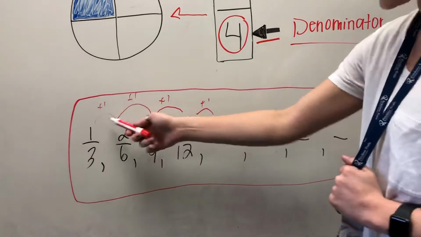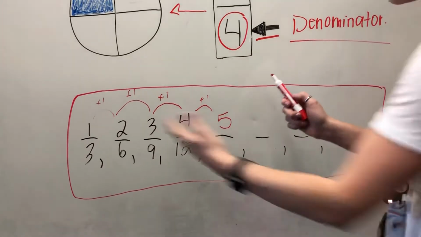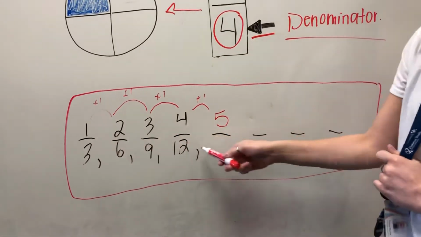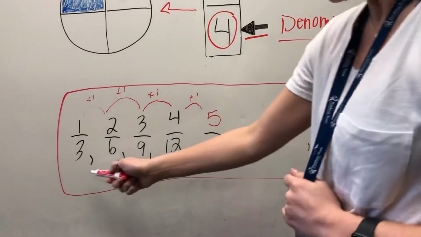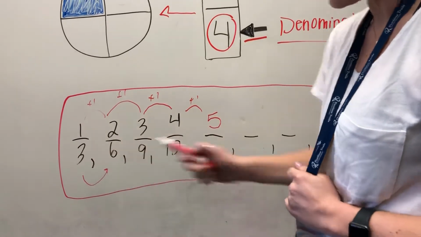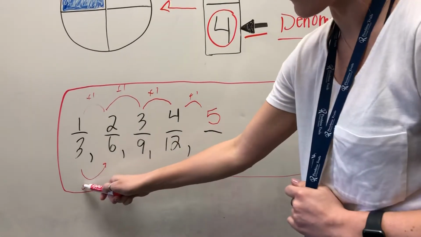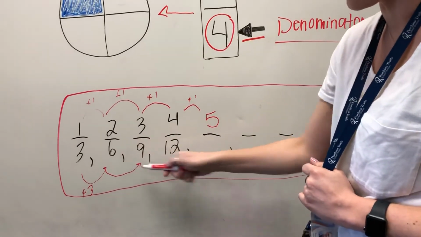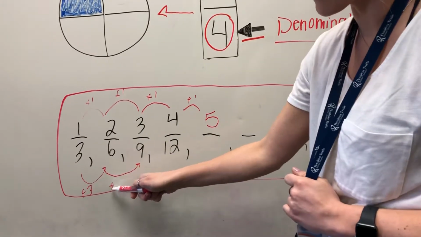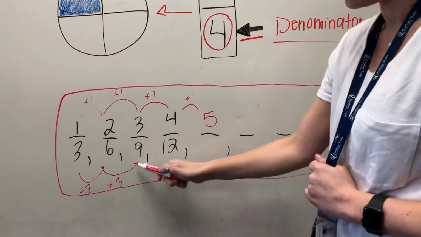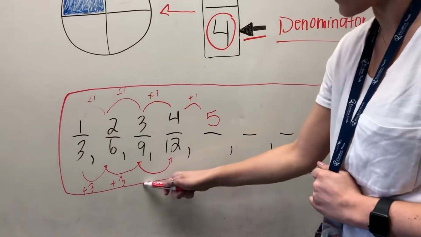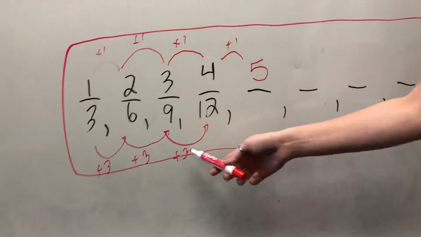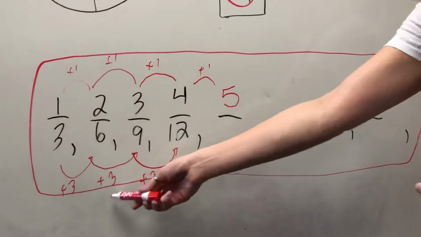I figured out my numerators, the top half. Now I'm going to figure out my denominator rule. How do I get from 3 to 6? I add 3, right? How do I get from 6 to 9? I'm adding 3 again. 9 to 12, I'm adding 3. Well, it's done 3 times, which means I found out the rule.